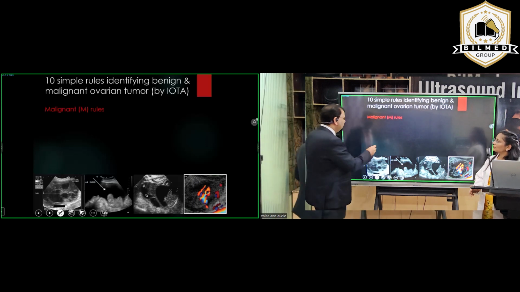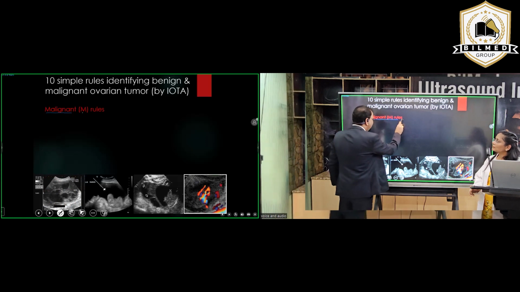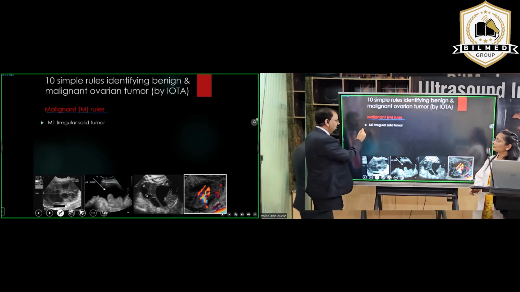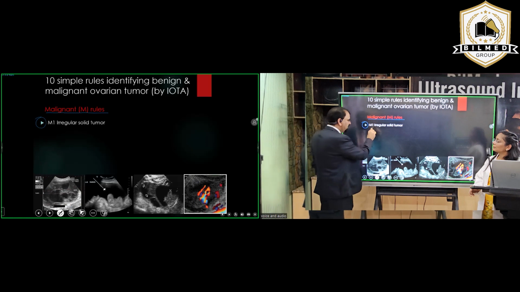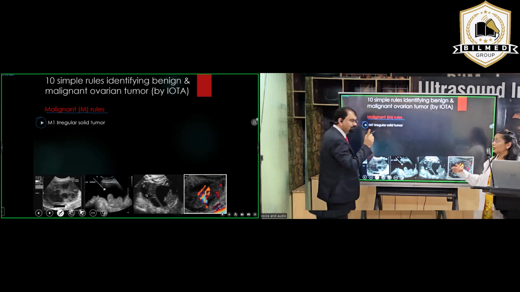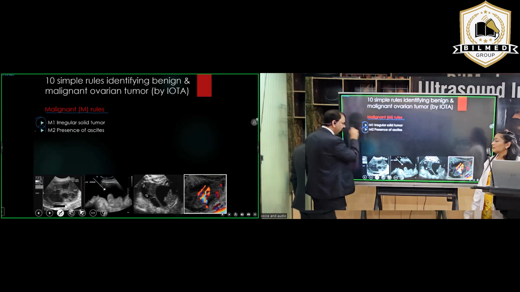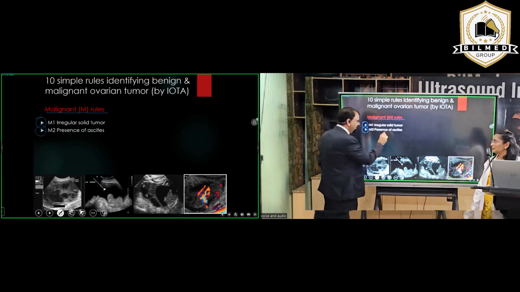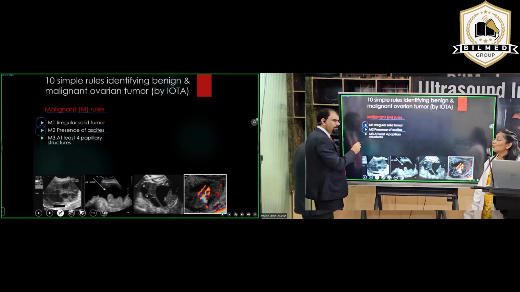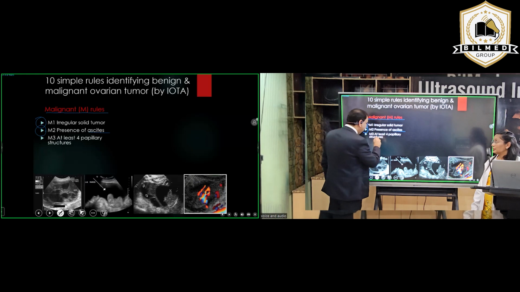Now first thing, in malignancy, there are some rules. Rule number 1, it will be an irregular solid tumor. Irregularity. Second, ascites. Third, at least 4 papillary structures.